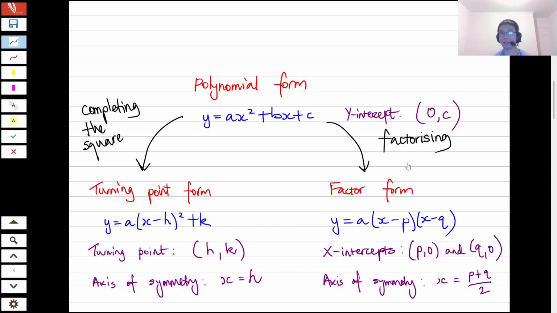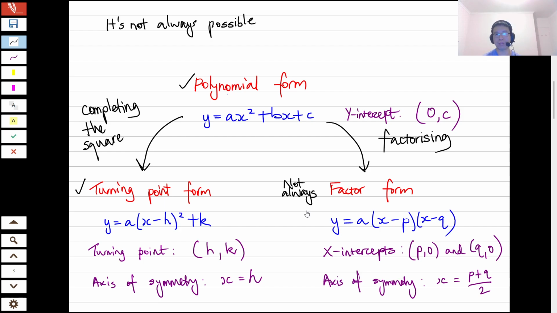And one thing that we should note is that it's not always possible to factorize. So I'm always going to have a polynomial form and a turning point form, but I might not necessarily have a factor form.